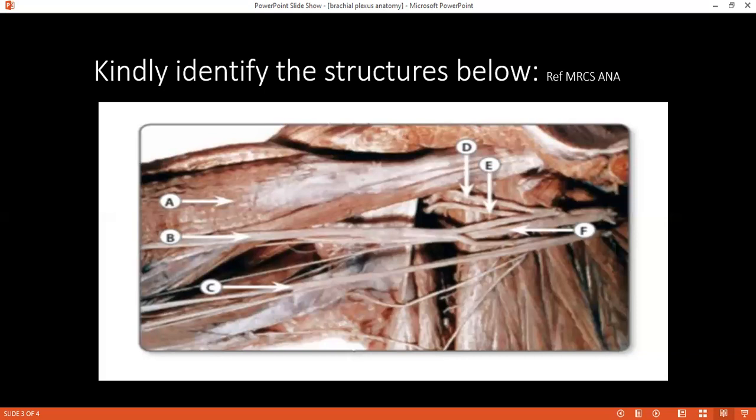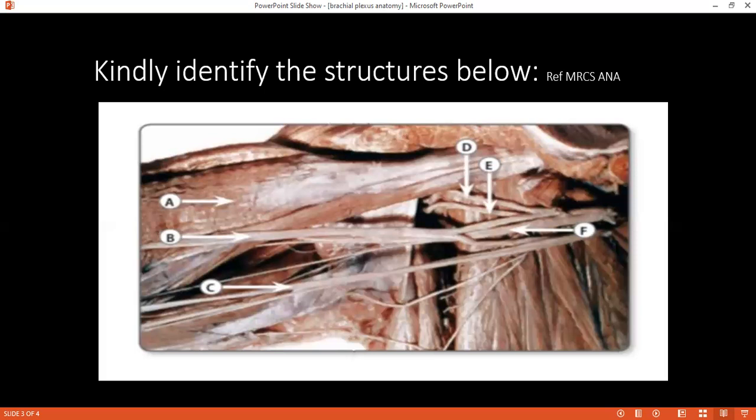The trunks would be with the subclavian artery, behind the third part of the subclavian artery. Then the divisions will go behind the middle one third of the clavicle. And the cords will be related to the second part of the axillary artery. Very good.